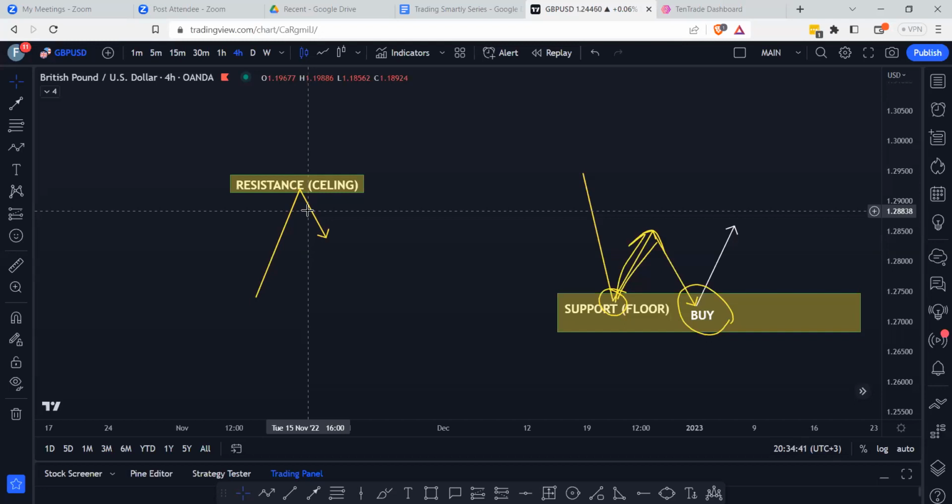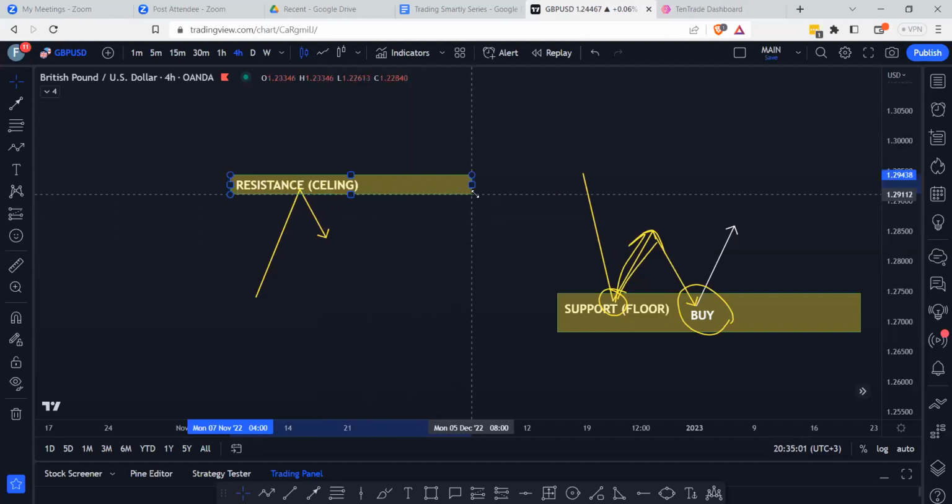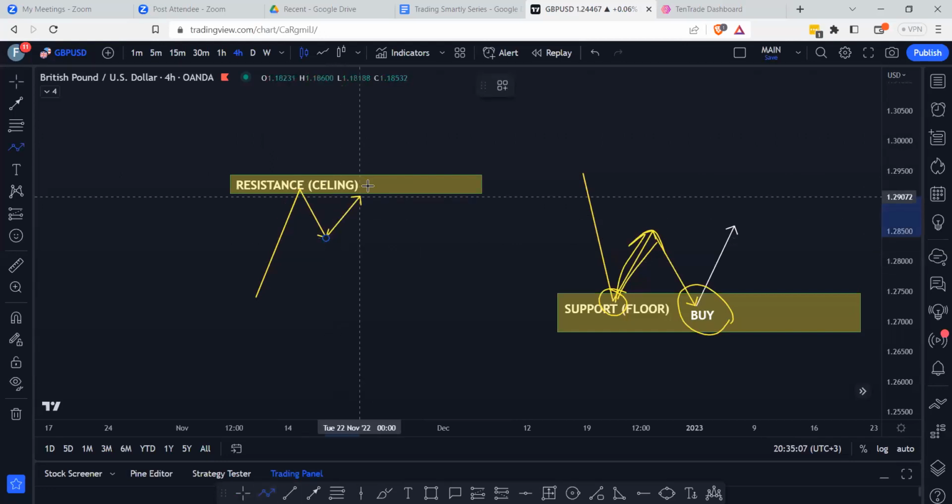Okay, if we see a reversal like so, that means a resistance is at work. What is the work of resistance? The work of resistance is to push price down. And all of this has happened in the past. So if you're able to identify a resistance zone in the past, the next time that price gets into this zone, because in the past this zone pushed price all the way down, you'll be interested in what?